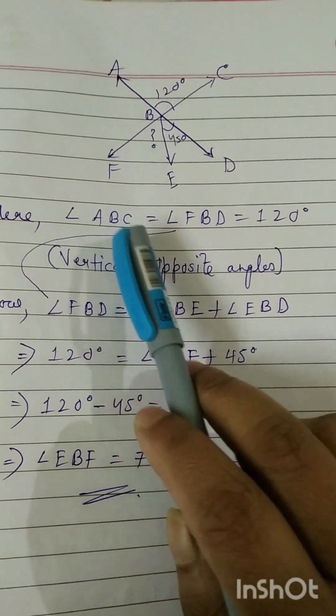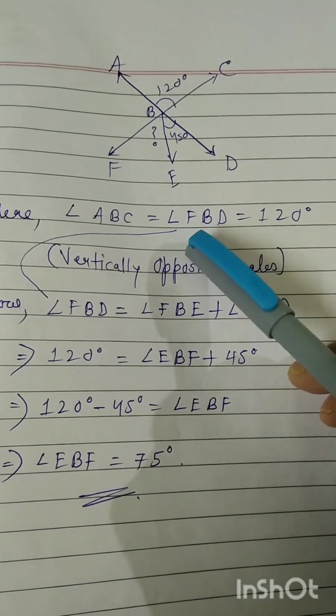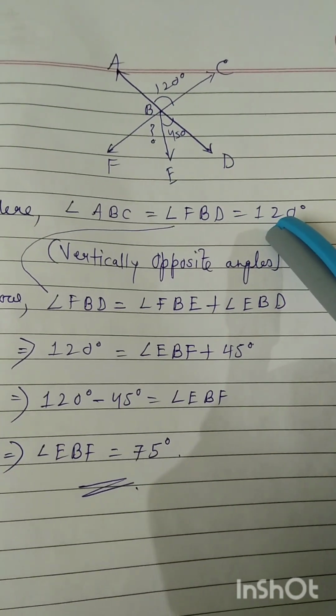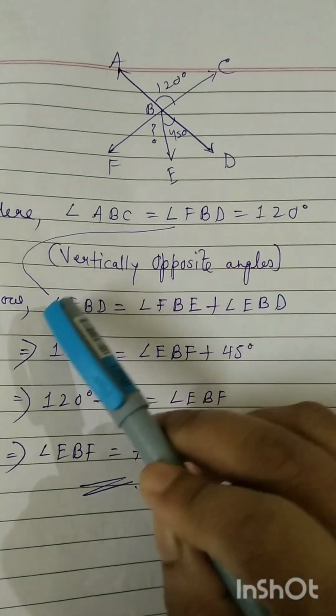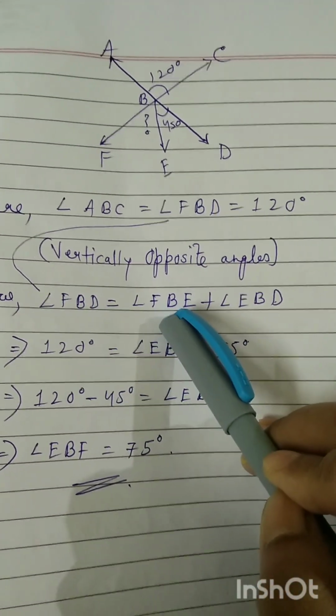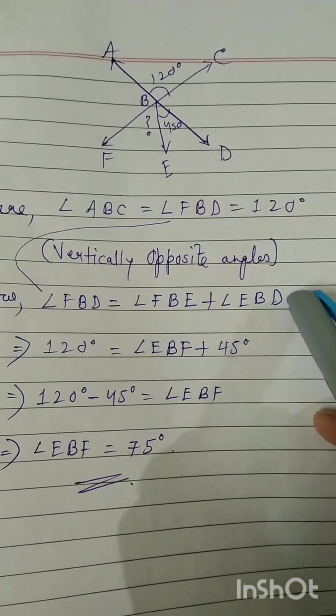Here angle ABC is equal to angle FBD. FBD is equal to 120 degrees because they are vertically opposite angles. Now this angle FBD is equal to angle FBE plus angle EBD.